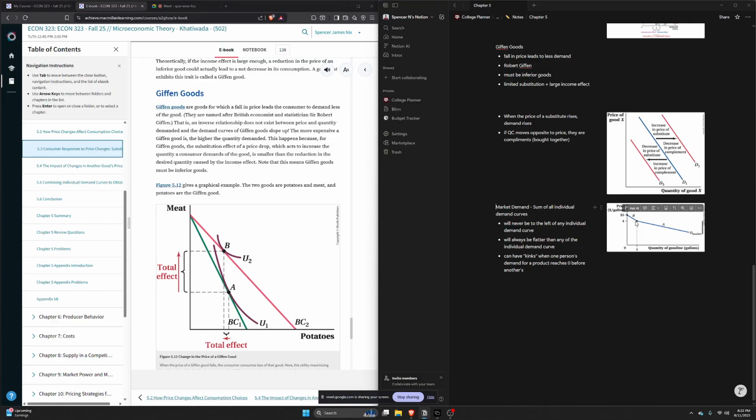He's like, okay, anything under $5 a bottle, I'm going to buy. So he's going to take over this part. This would be just his demand curve, and this A part would be an average of the two, right? Because my cutoff is $4. I don't want to spend more than $4, but he's willing to go up to $5. So that's why this demand curve is a little steeper here.